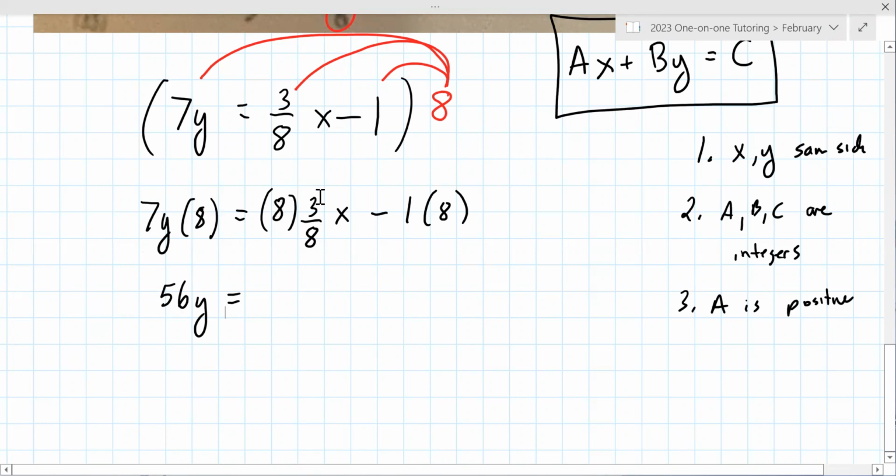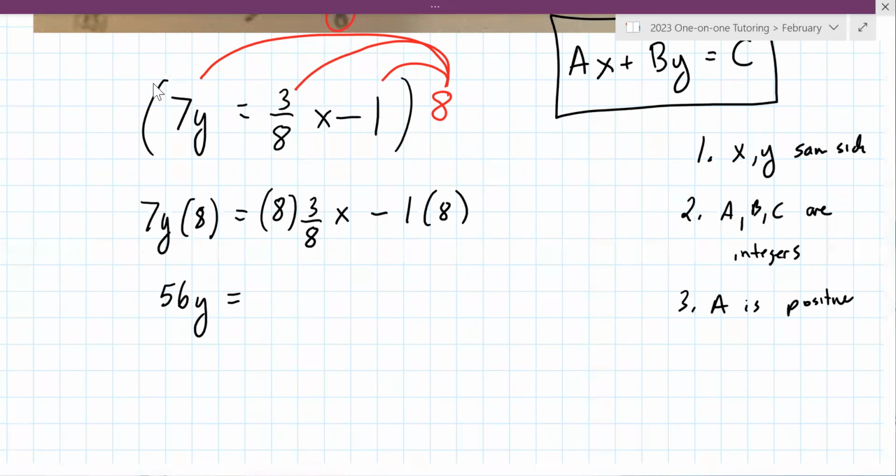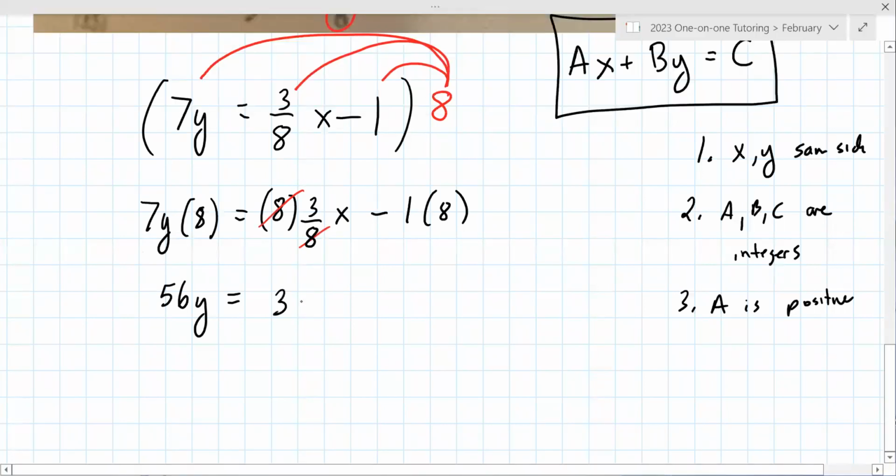What is 8 times 3? 24, and then divided by 8 is 3. Yes. So notice how the 8s actually cancel when you're all done? You're just left with the 3. And then 1 times 8 is 8.